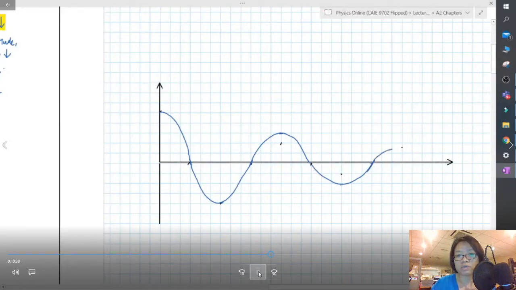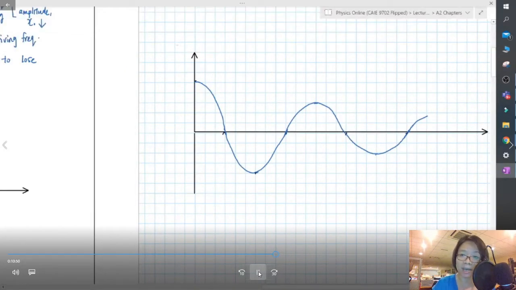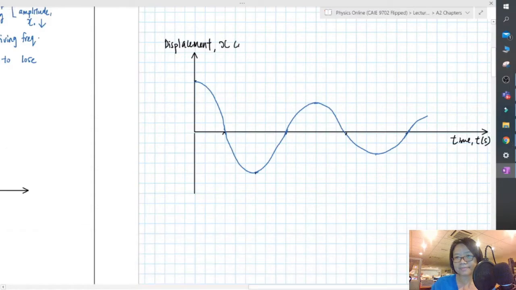The characteristic of light damping includes an exponentially decreasing amplitude, and also having the same period or the same angular frequency omega. This is the simple displacement against time graph. The decrease is slightly exponential.